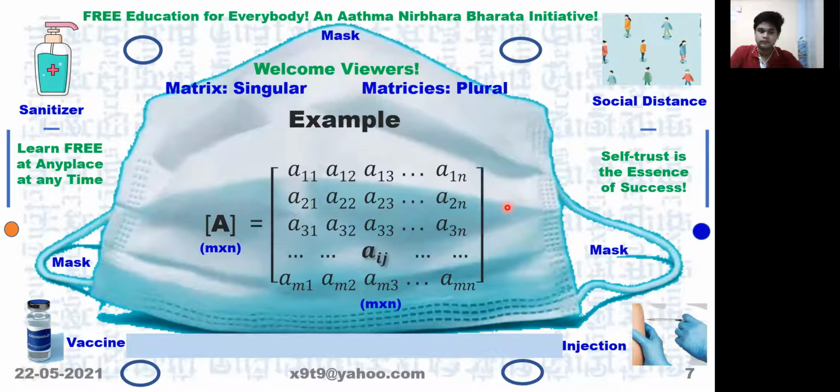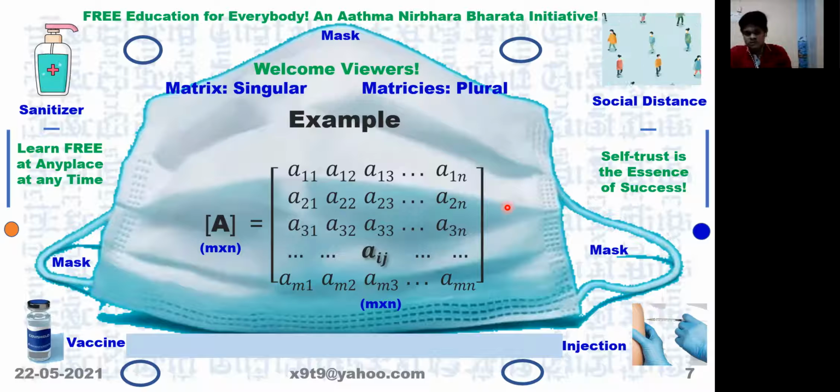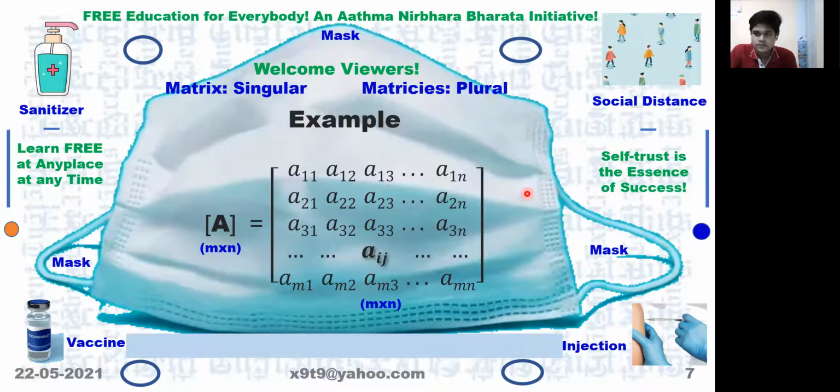Now here, this is a matrix of size m rows and n columns. So all the rows are not written because how many rows, how many columns are there is not specified. So rows are always numbered from top. So this is the first row. This first number here indicates the row number.